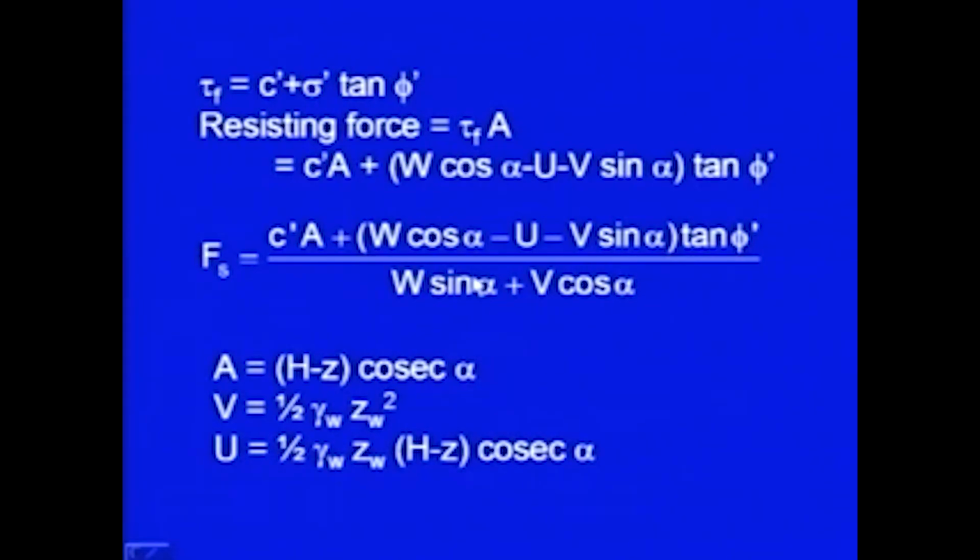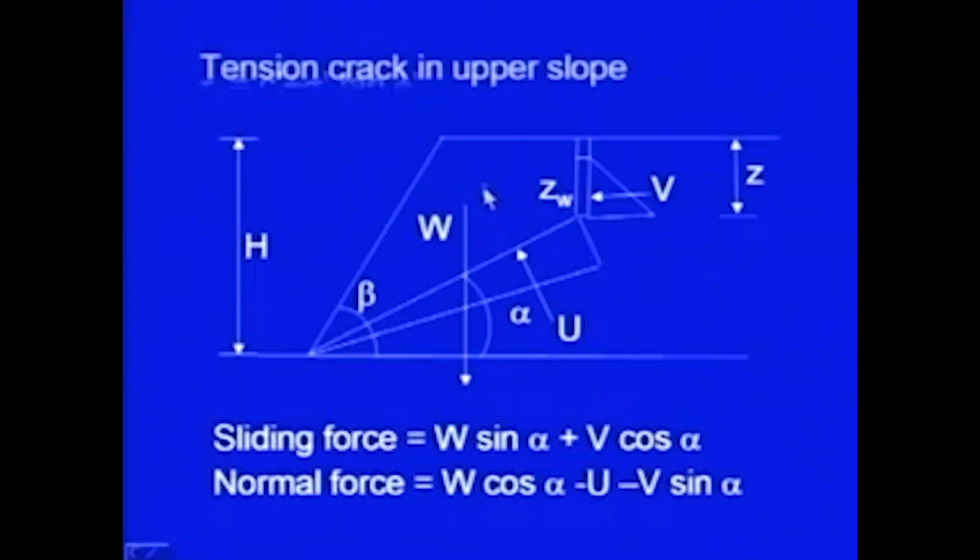Let us come to the analysis. So, as usual we find out the shear strength, C dash plus sigma dash tan phi dash. The resisting force, we are talking here in terms of forces, will be equal to tau f into area A. So, if I put this value here, C dash into A plus sigma dash into A into tan phi dash, and sigma dash into A is nothing but the normal force which I calculated here.